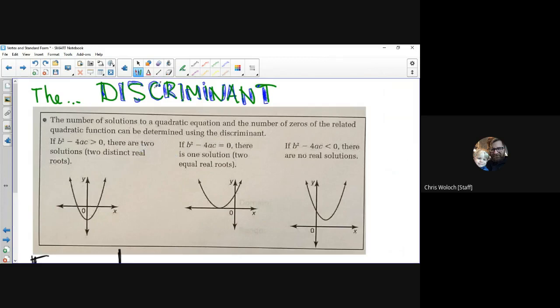If you look at this picture here, this parabola has two solutions or two zeros. This parabola here has 1 zero, one intercept, and this one has no zeros.